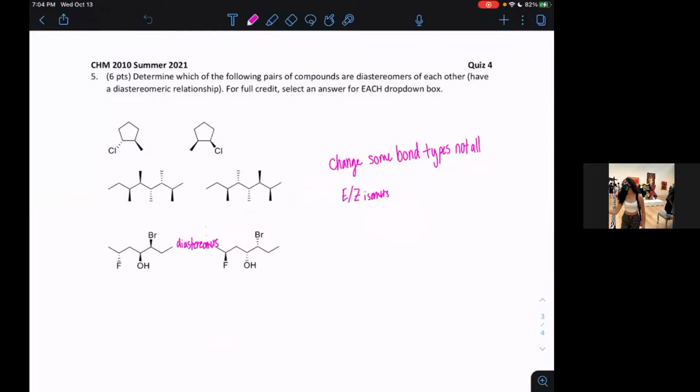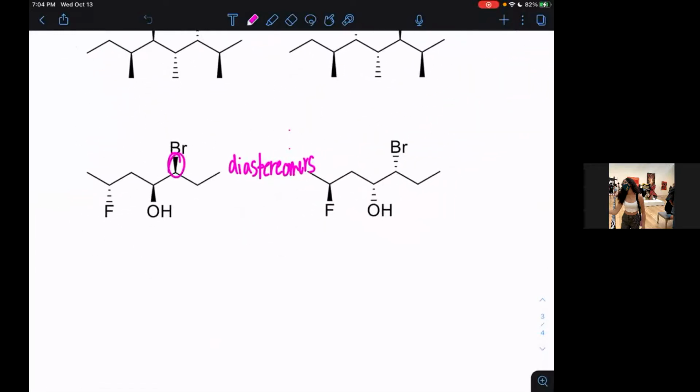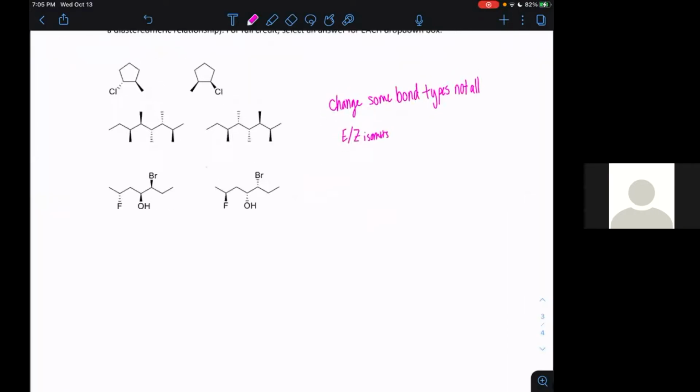Okay. So this one. I already said that these ones are diastereomers because these ones change, but this one stays the same. Why? Because F didn't stay the same. One's wedged, one's dashed, but they're diastereomers. No, they're enantiomers, because all of them change.